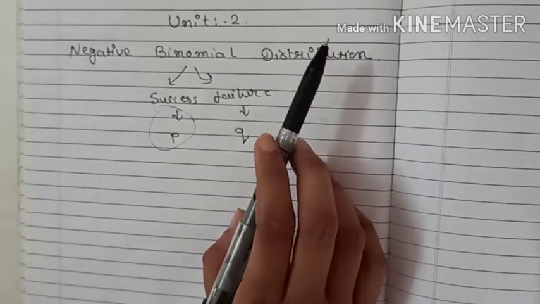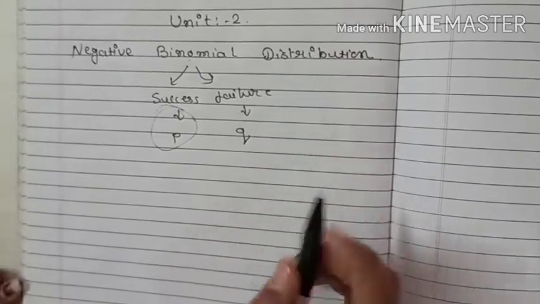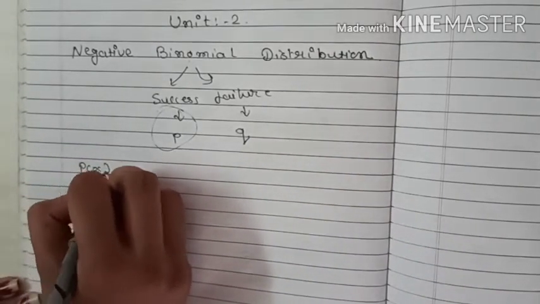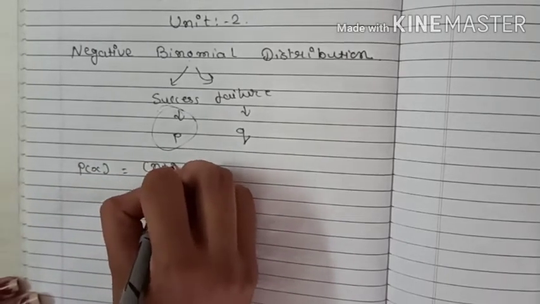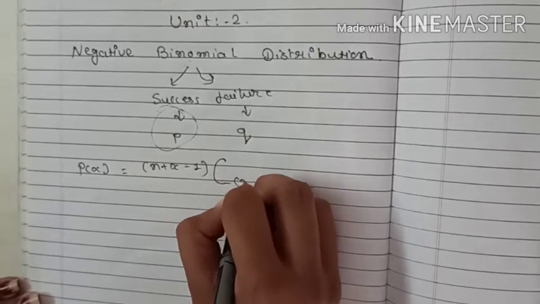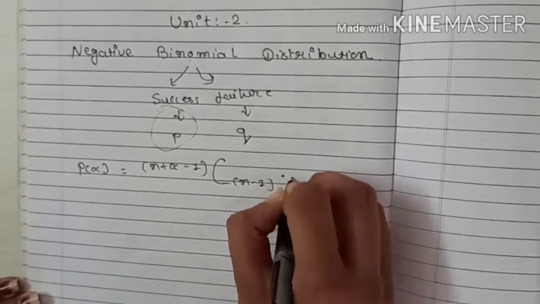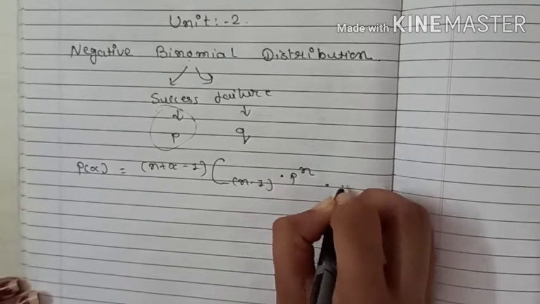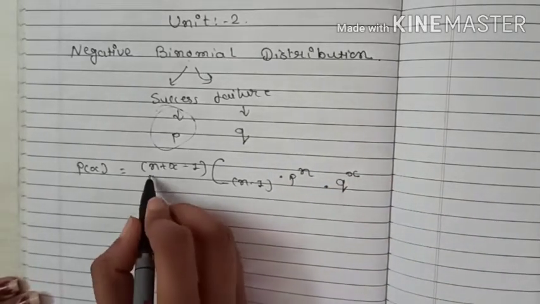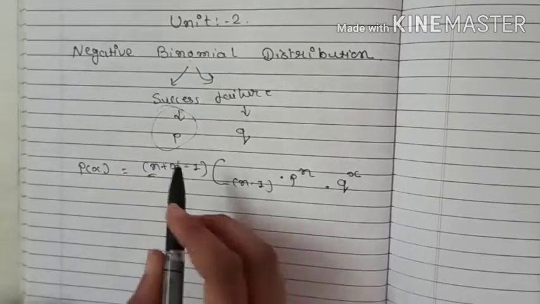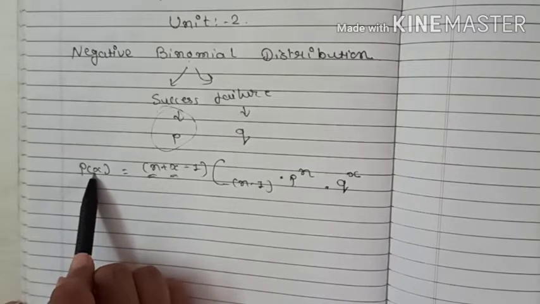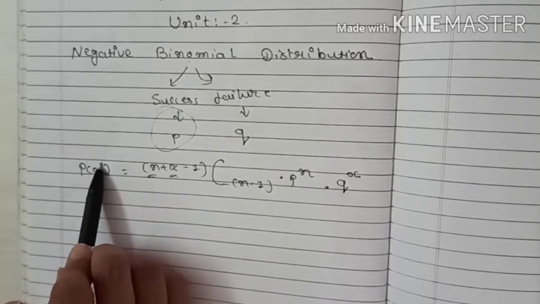Understood? Now, what is the formula of that? The formula of the negative binomial is P of x equals n plus x minus 1 C n minus 1 into p to the power n into q to the power x. Here n is the number of trials, and x is a variable here, so the x value will vary at the 3rd trial or 4th trial.